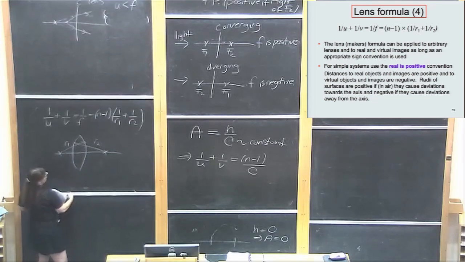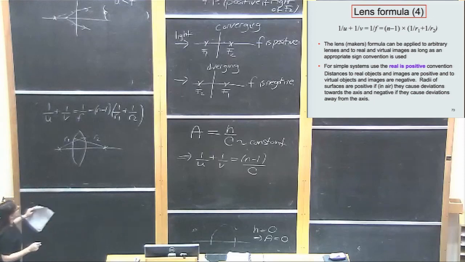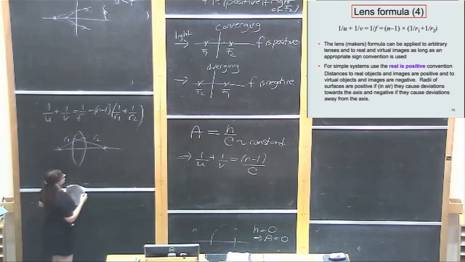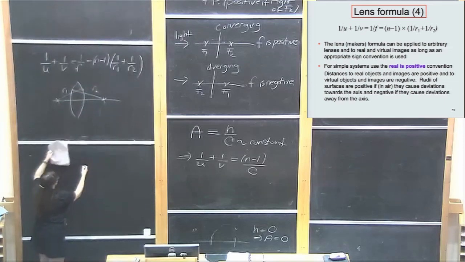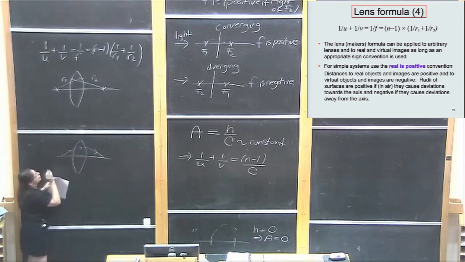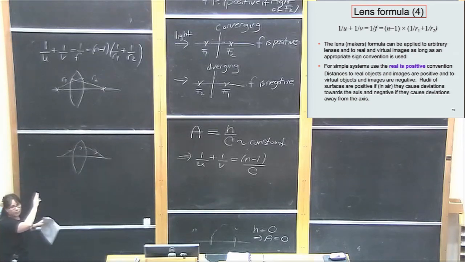Now, in the real is positive sign convention, the radii of curvature are positive if they cause a deviation towards the axis. So a convex lens like this, for example, sitting in air, both surfaces would cause a deviation towards the axis. So both R1 and R2 are positive in this definition.